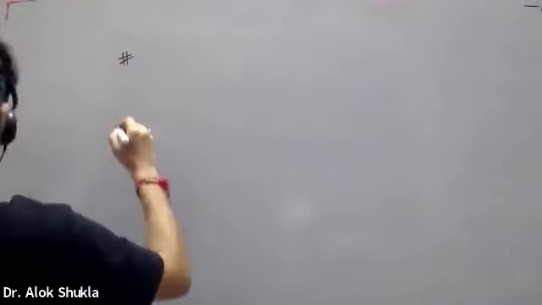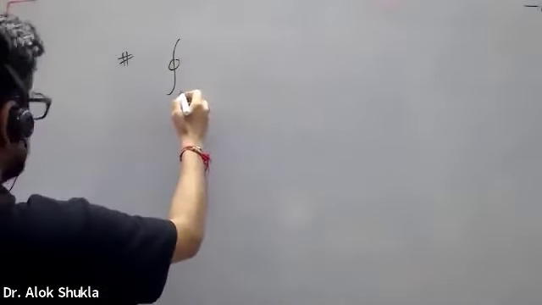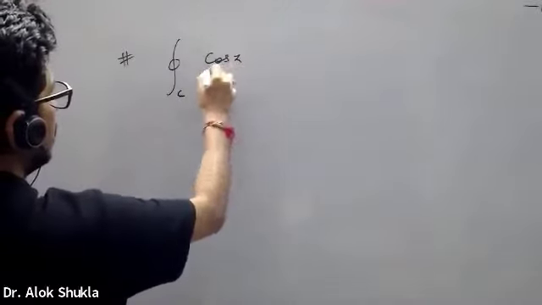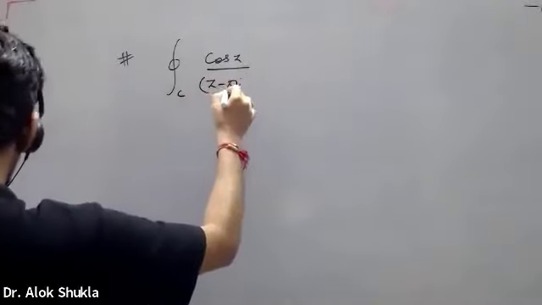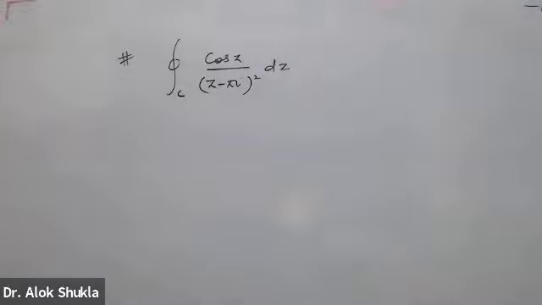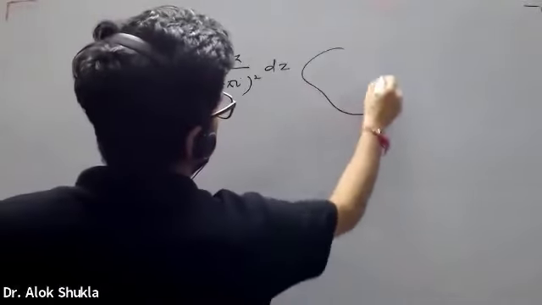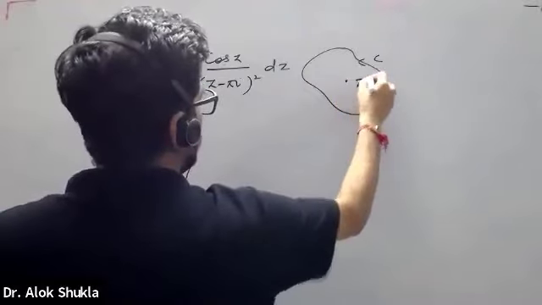So let me take the next question, and that is like this: integral over C of cos of z over (z minus pi i) square dz, and this is C, and pi i is like this.